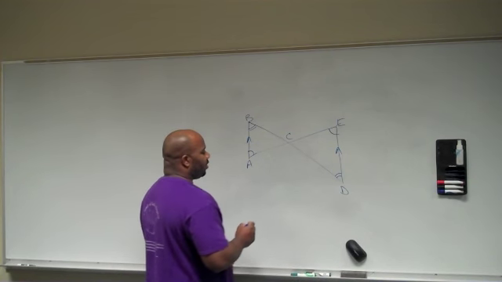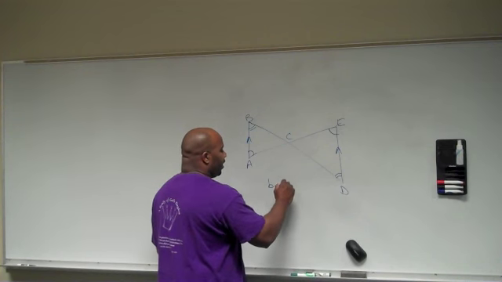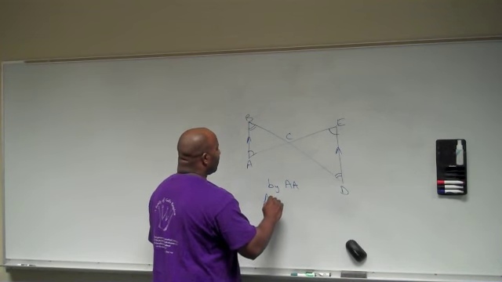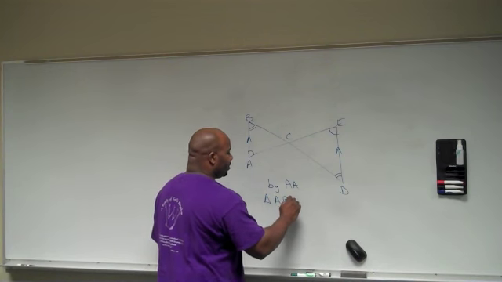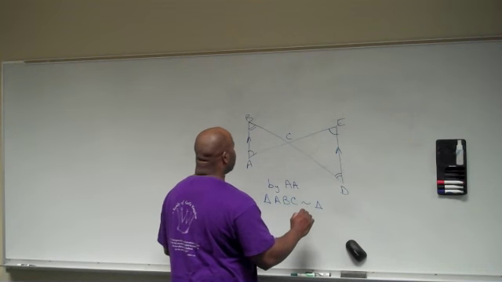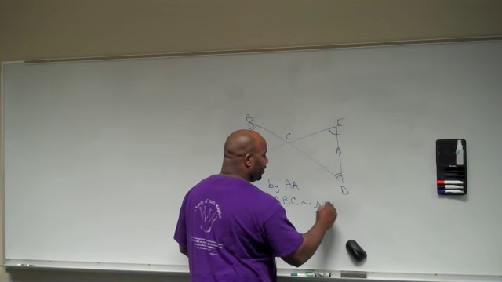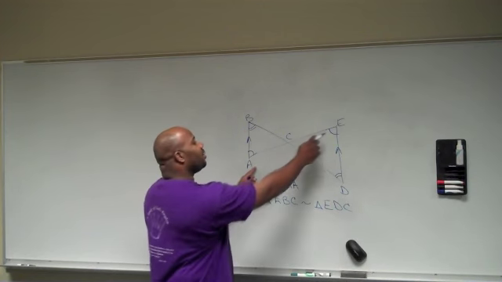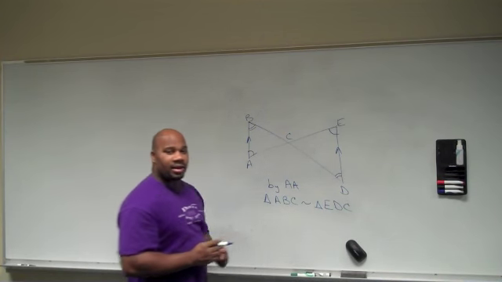So again, we have by angle, triangle ABC is similar to triangle, and we have to be careful here, EDC, because our letters must match up. If they do not, then we cannot say they're the same.